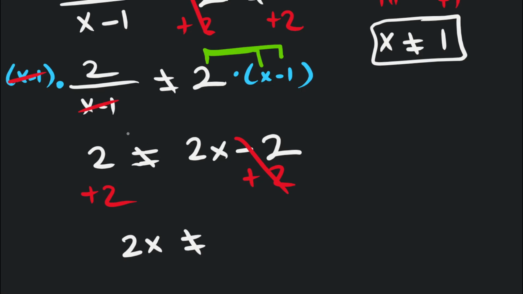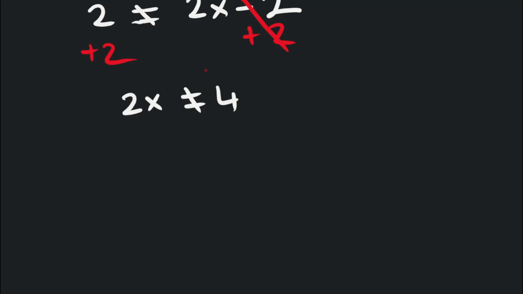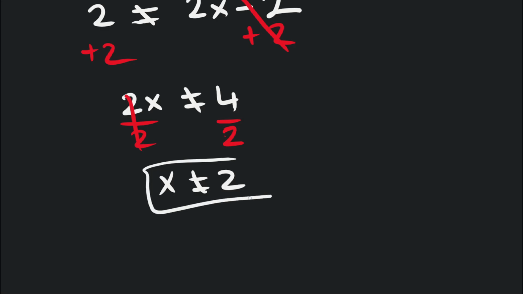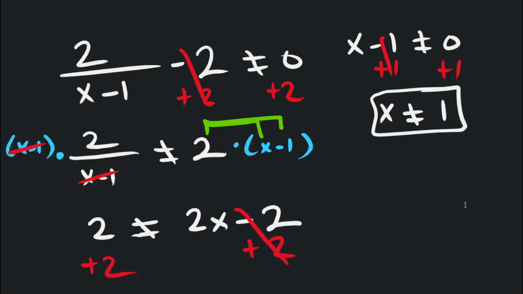It cannot equal, and then over here, 2 plus 2, that is just 4. So 2x cannot equal 4. We divide both sides by 2. X cannot equal 2. There we go. So we have x cannot equal 2, and x cannot equal 1.